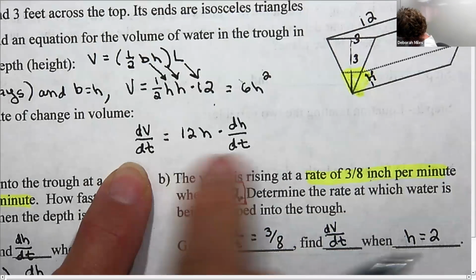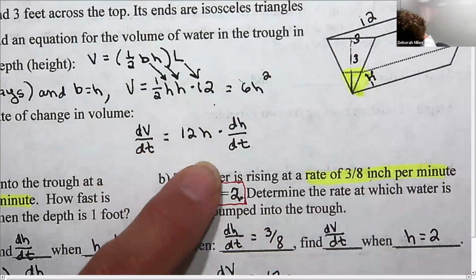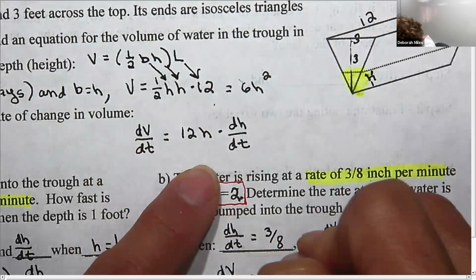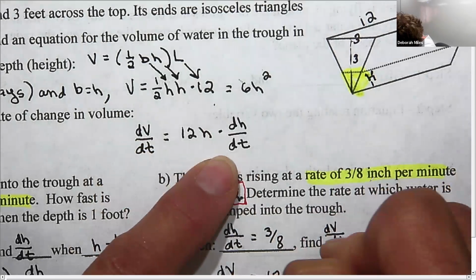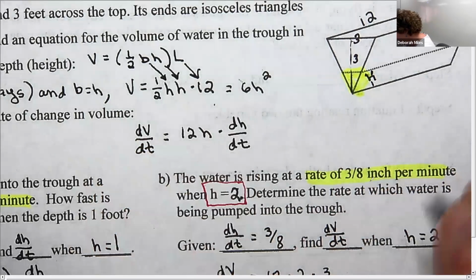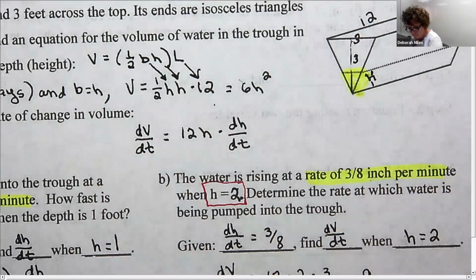Using this equation, dV over dt is 12 times my particular height, which is 2, times the rate of change in height, which is 3/8. And I think that would be 9. What is that 9?